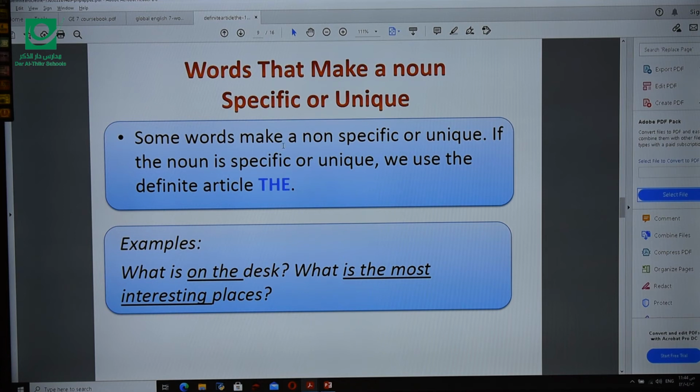Or when you talk about something that is referred to, like where is your father? He is in the kitchen. Which kitchen are you talking about? Do you have many? No. I know exactly you are talking about your kitchen, not your neighbor's kitchen, for example. So I cannot say my father is in a kitchen.